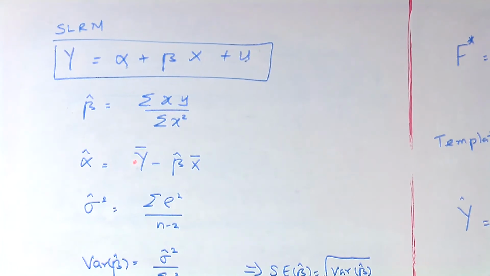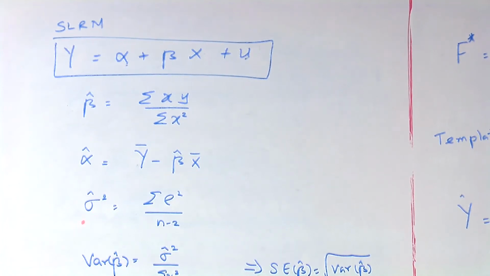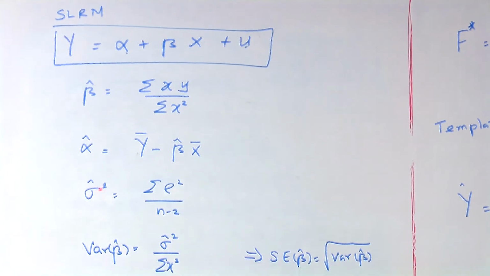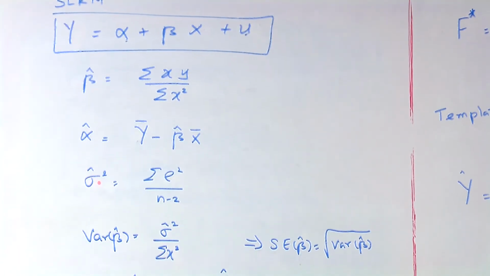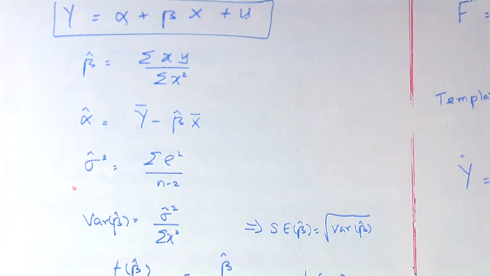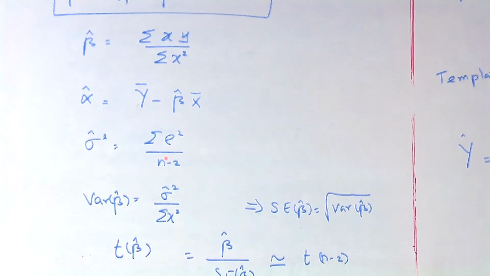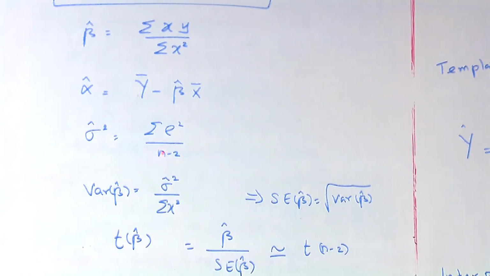Alpha hat is equal to y bar minus beta hat x bar. Then we defined the unbiased estimator of the variance of the stochastic error, sigma hat square, that is equal to sigma e square divided by n minus 2.